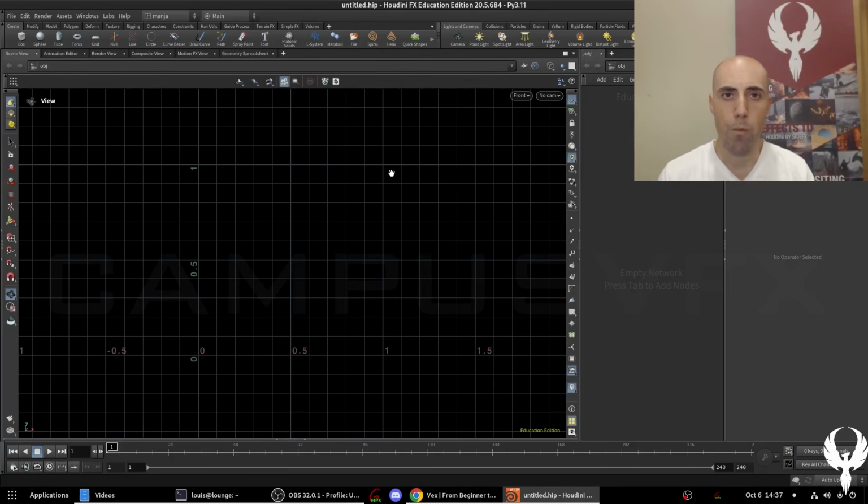So what's a vector? A vector is defined by two things: its direction and its length. It's used in CG, for example, to define the position of points. So for this to work, we need the origin, we need a point of reference, and that will be our 0.